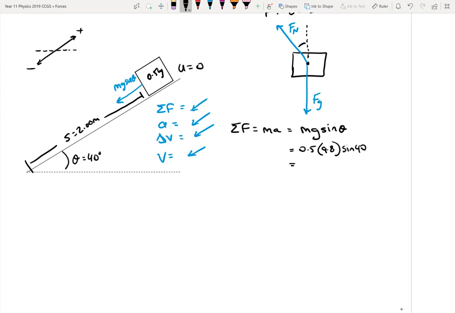Now, remember I did assign a negative. There's a couple of ways you can do this. You could just leave your gravity as negative 9.8, and then the calculator will spit out negative 3.15. But you know that it's acting down the incline. So 3.15 newtons.